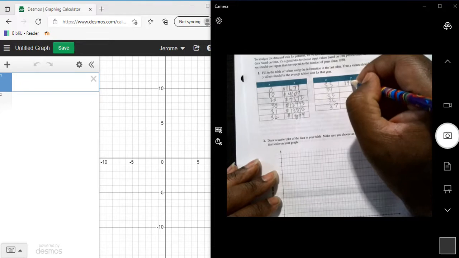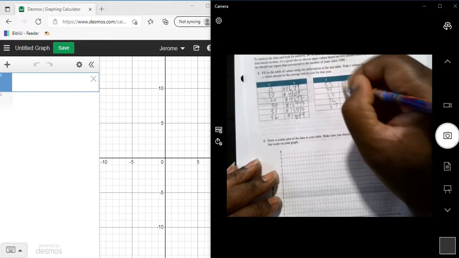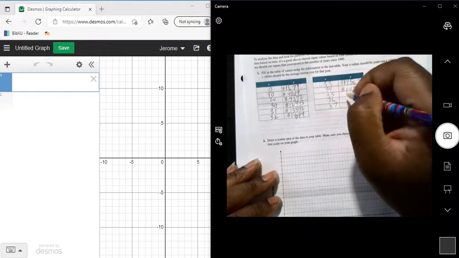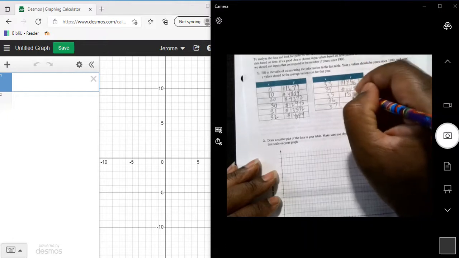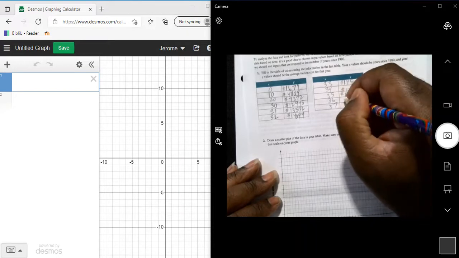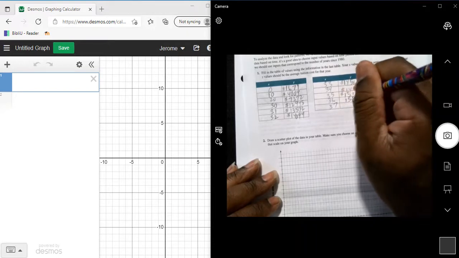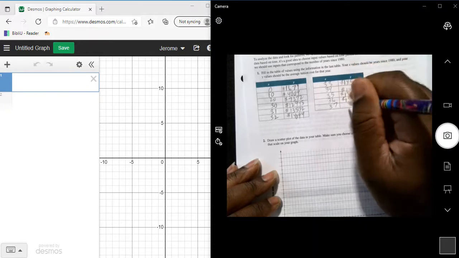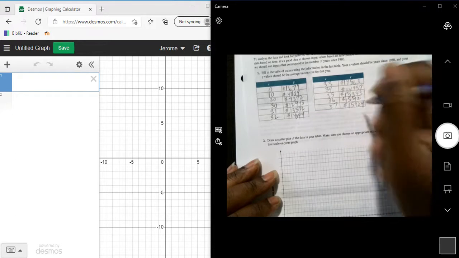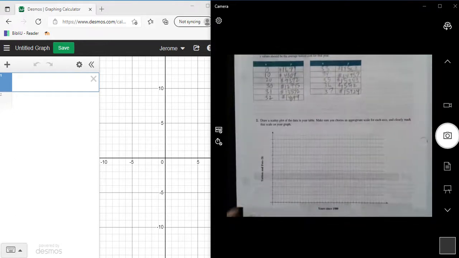Okay, let's see. All right, it's quite a bit of numbers here, but we're almost done. Okay, so we have these values. Now we go down here to the bottom.